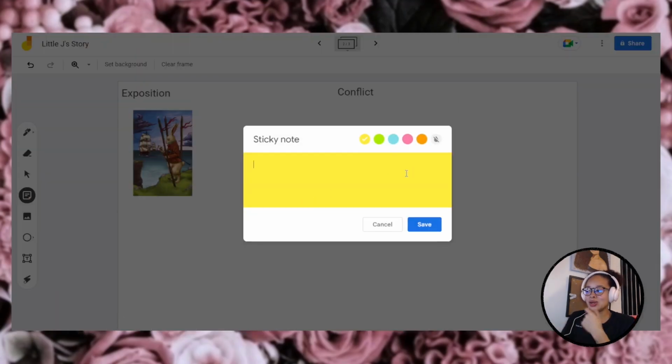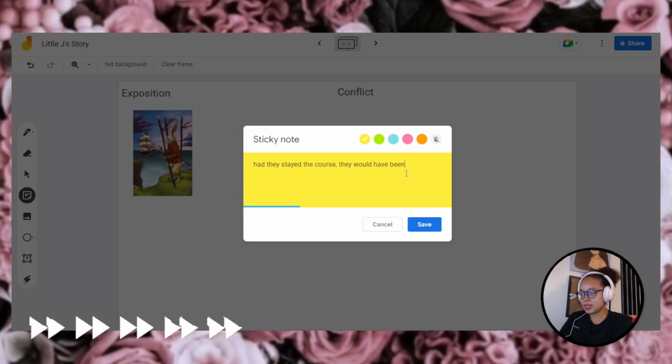I'll do yellow. So what I'll do is I'll color coordinate these stickies. Yellow will be general story, and then if a card feels like it's gonna be specific to a certain character, I'll use the same colors that I used on the characters in the first slide. Because we don't know who this is just yet, I'm just gonna put this in yellow. Whoever this is, we're gonna say they made the right decision.